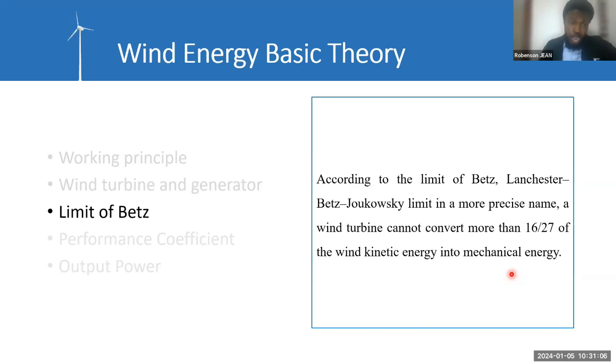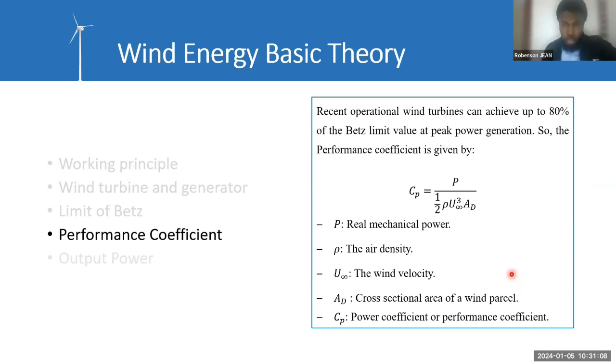Due to that, there is a performance coefficient. The performance coefficient is the ratio of the power produced to the maximum power that we could extract from the wind at a given wind speed with the wind turbine.